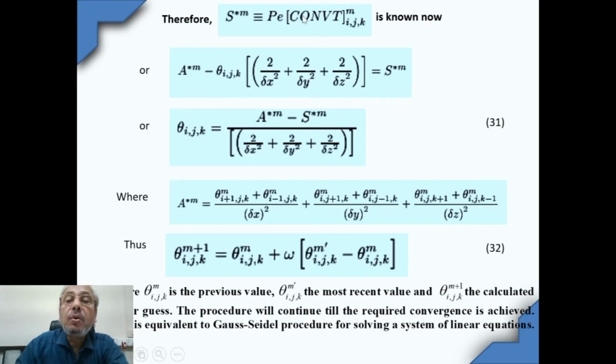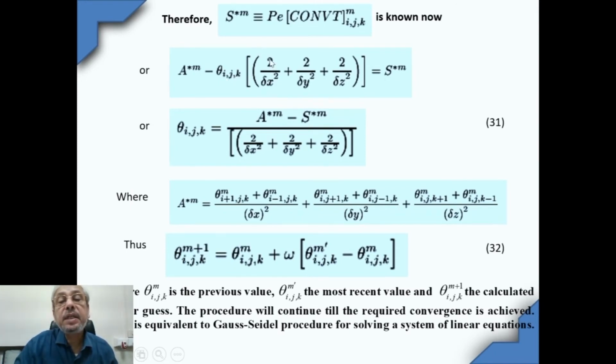We know now the quantity is S star m, and on the left hand side we had central differencing of theta in x, y and z directions. Now in that expression for central difference, discretized theta, we are pulling out theta ijk terms.